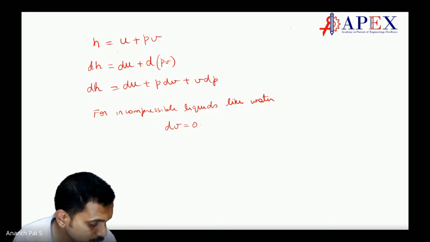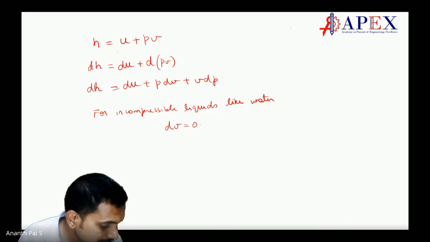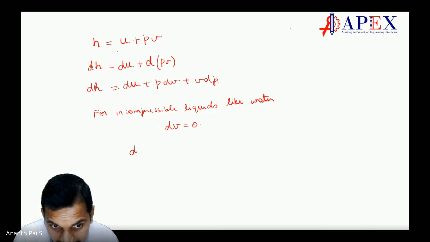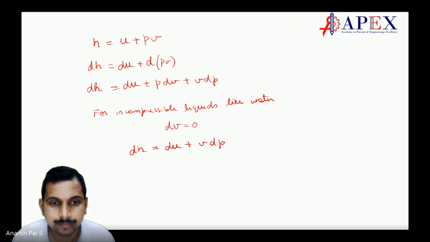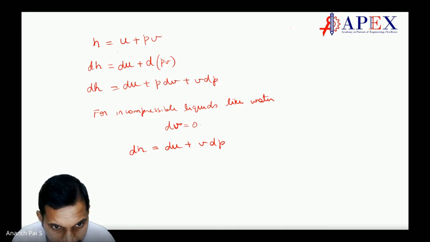So we can write dH is equal to dU plus VdP alone, because dV is equal to 0. Now let us differentiate with respect to temperature.